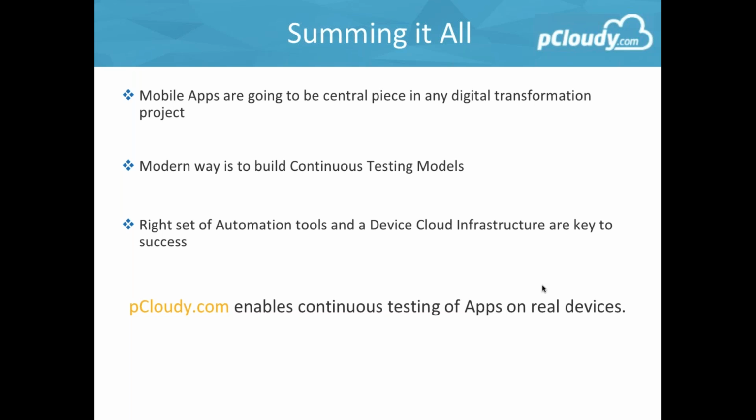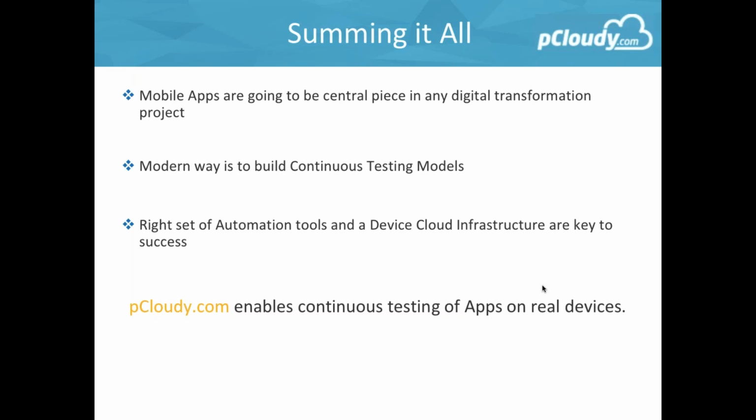So we talked about how important mobile apps are in the digital transformation project, and the rise of mobile apps has also led to new ways of application delivery models, and one of the most popular models today is continuous delivery and deployment. In that context, continuous testing is one of the keys to the success of the delivery projects.